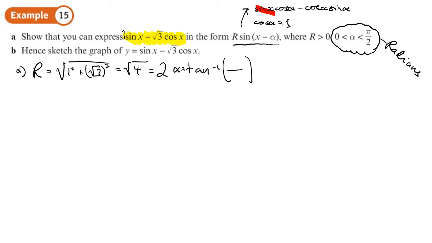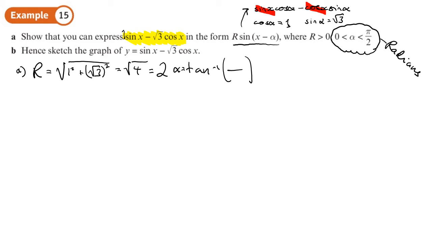It says root 3 cos x. So I have a cos x, and where the root 3 is, it says sin alpha. So we can write that sin alpha equals root 3, not negative root 3, because there's already a negative there.